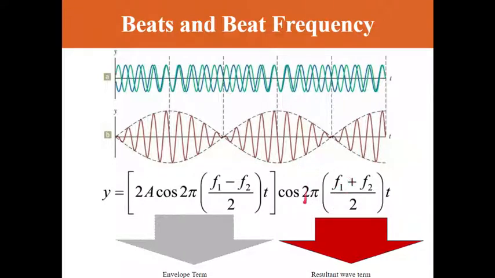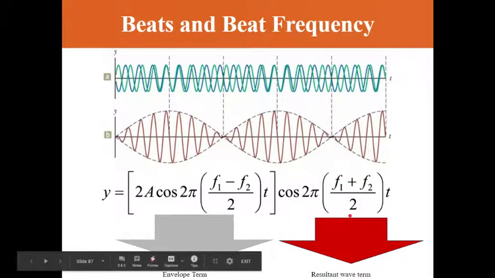This term accounts for what the wave looks like inside the envelope. This average of the two frequencies is the frequency of the waves inside the envelope. So the rate at which the crests pass some point is equal to the average of the two constituent frequencies.